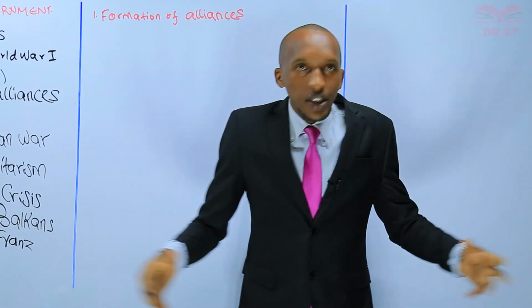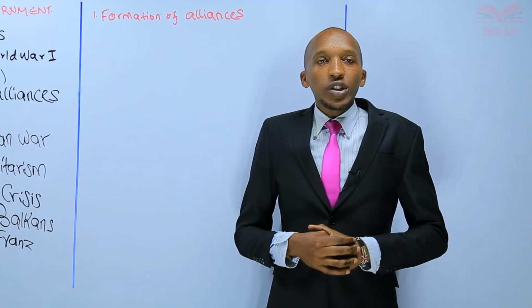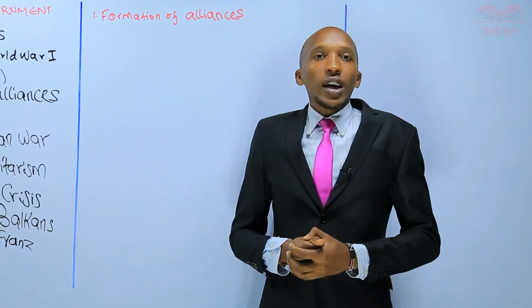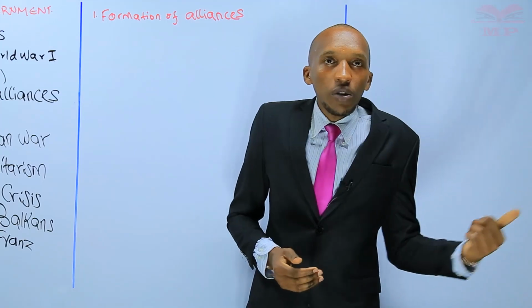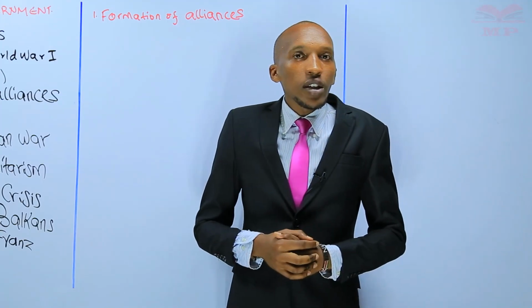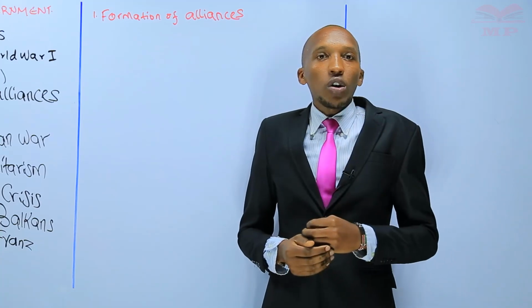We had the Jubilee Alliance, which now became a party, and what was the other alliance in our elections? Can you remember? Yes, we had the CORD, or the NASA.